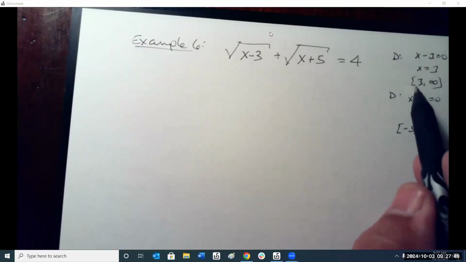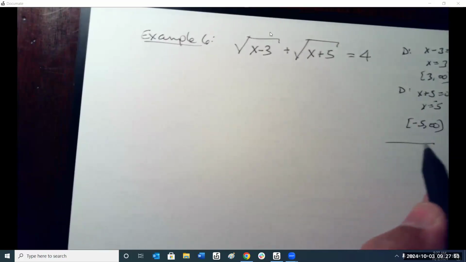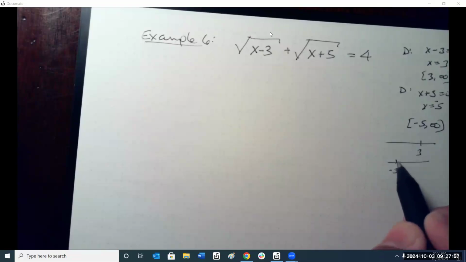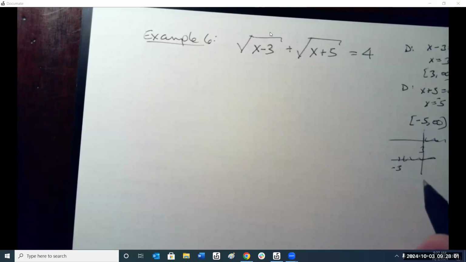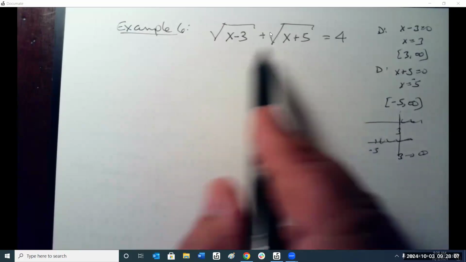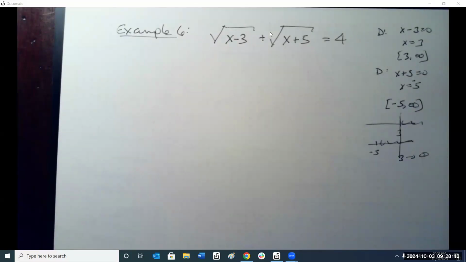So if I overlap them, here's 3 and here's negative 5. The point that they overlap is here. So 3 to infinity. That's my domain for this question. We talked about that earlier in the course in chapter 2.